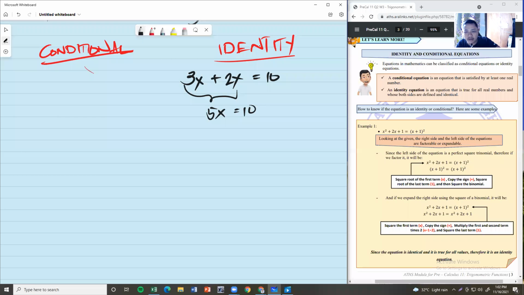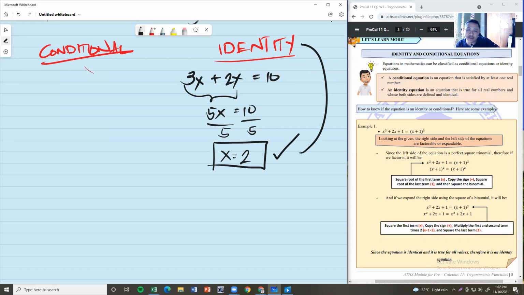Then to solve for the value of x, we divide both sides by 5, and x is equal to 2. That's very basic, grade 6 lang yan. This is identity when there is an exact value for your equation.